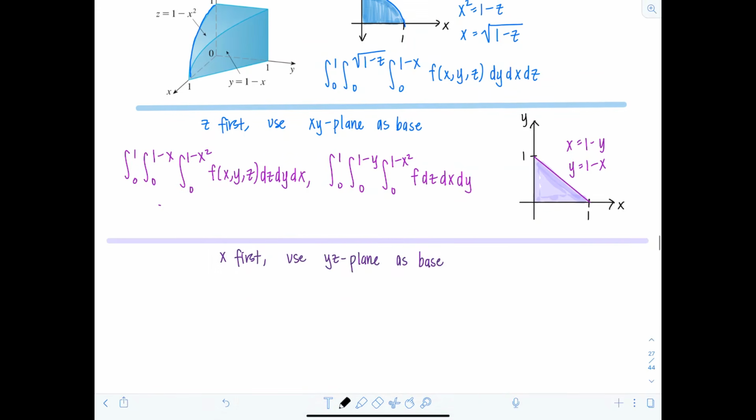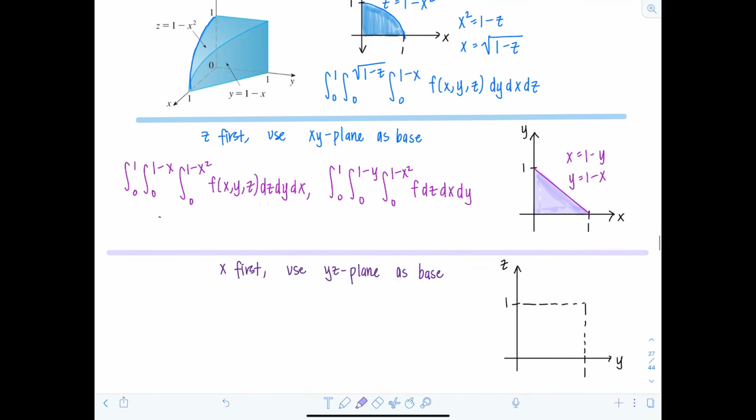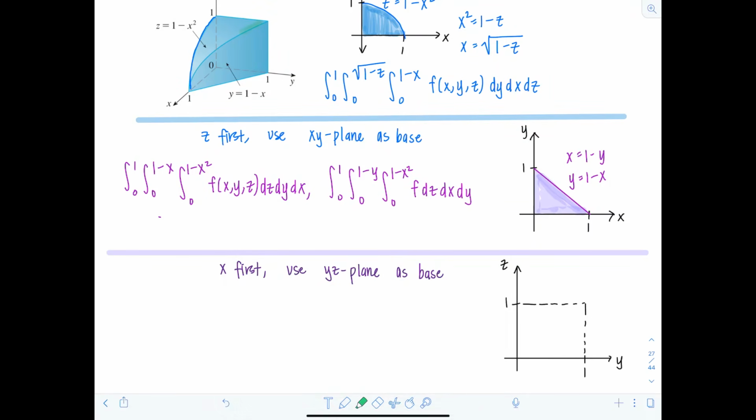So here we go. In the yz plane, yeah, it's a square, but we have to cut it into 2 pieces. Z-axis, y-axis, 1 to 1. All right, but then notice, remember we're using the heights of the solid in the x direction. So for part of it, I don't think you can see that color. Let's do something more fierce.